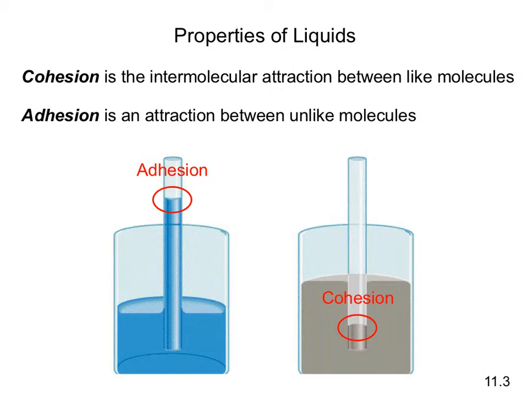Whereas adhesion is an attraction between unlike molecules. So that would be, in this case, the water attracting to the glass molecules, both of which are polar. The water will adhere, will stick to other things that are polar, which is what we see here. But it will also stick to itself because itself is polar.